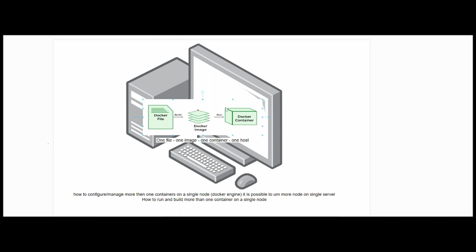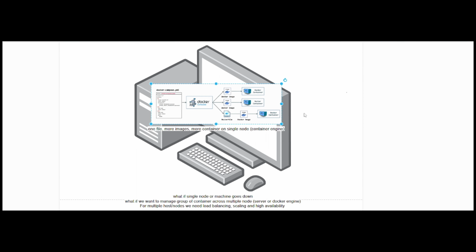And then Docker provided us Docker Compose. Docker Compose is the revolution of the Dockerfile, where we can manage, configure, and set up more than one image within one file.